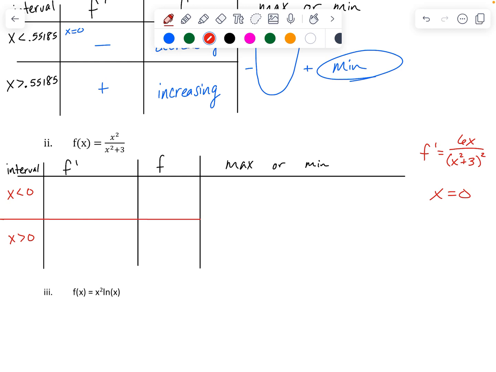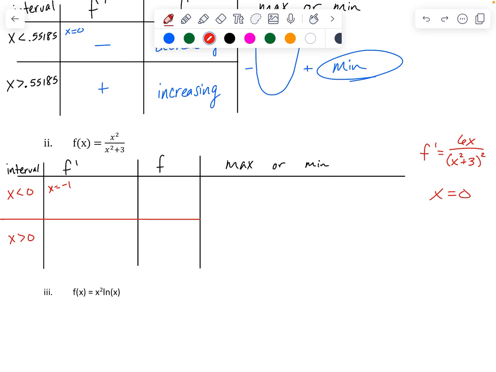All right, so if I plug in let's say a -1, if I say x equals -1, well, I'm going to get, for f prime, I'm going to get a -6 over a positive number because it's squared on the bottom.